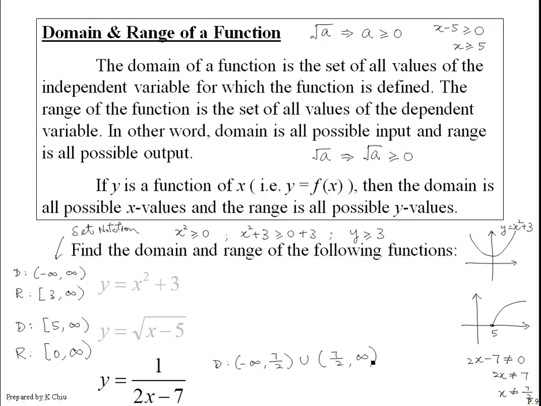Now that is a little bit interesting notation. That is indeed talking about everything except the 7 over 2. All right, so far so good. All right, let us stop here for that section.